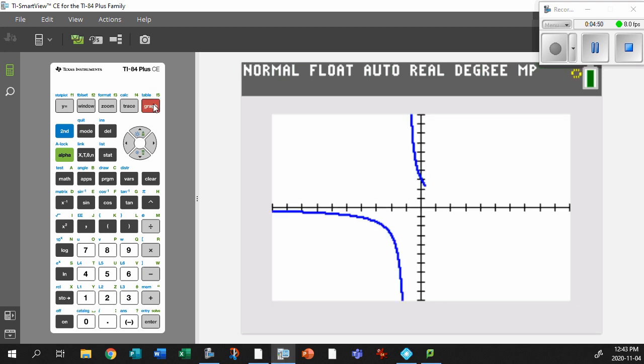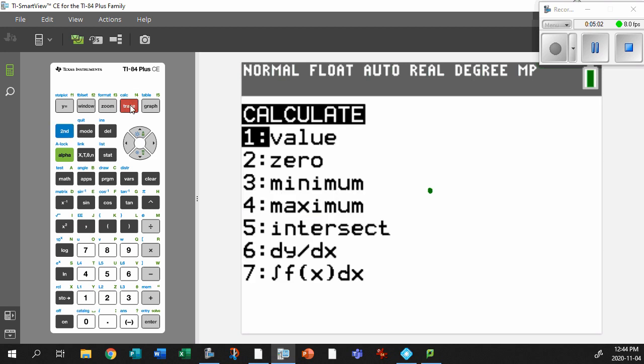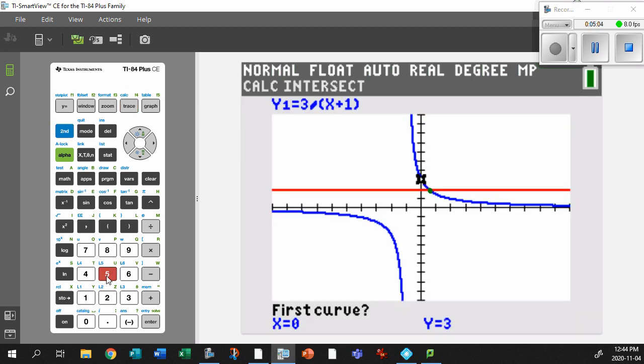I'm going to hit graph, and lo and behold, look at that. There's my point of intersection. Now, instead of a 0, it's an intersection. How do I know? Prove it. Second calc, find the intersect, which is 5, enter, enter, enter, and there's your 0.5. Remember, the y does not matter. You don't care about the y because there is no y in the original equation.